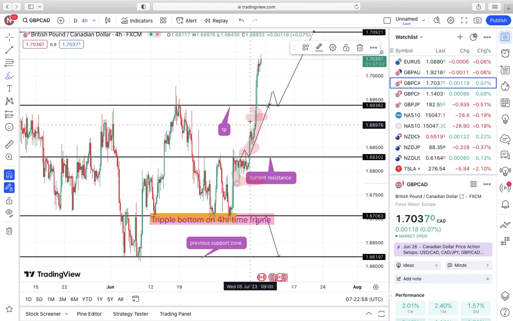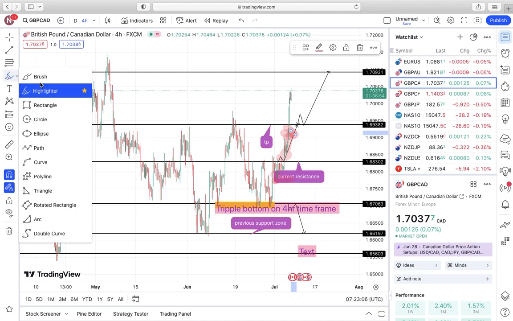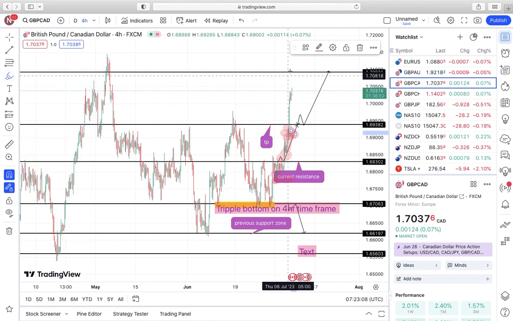When the market hits this zone before hitting your TP, move this TP1 zone to TP2. TP2 is somewhere here. You can see it, guys. Remove this zone as your TP1, then move your stop loss to 30 pips below this zone.